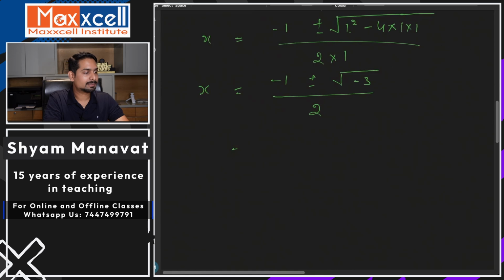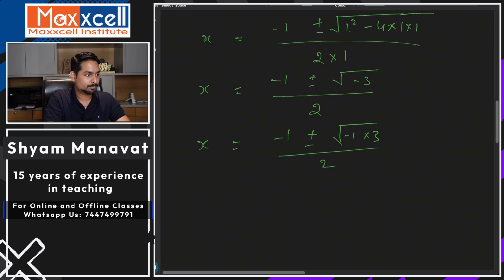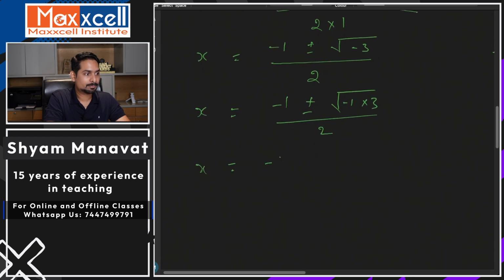Well, we will tackle that later. Or do you want to tackle it now? Fine. Minus 1 plus minus, now I will write this as root of minus 1 into 3 by 2. Minus 3 can be written as minus 1 into 3.